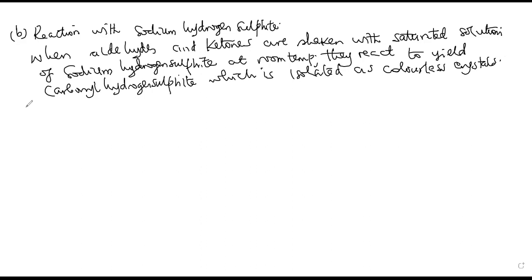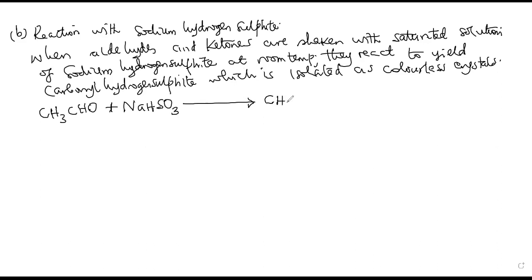E.g., you can have CH3CHO, that is ethanal, plus sodium hydrogen sulfide. We have said that we form the carbonyl hydrogen sulfide.